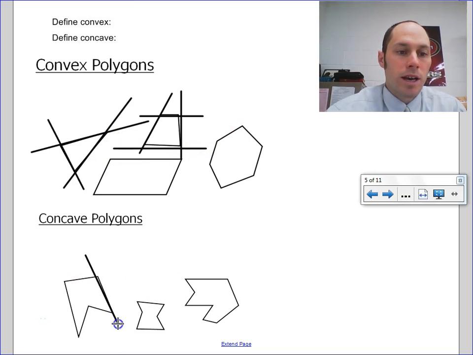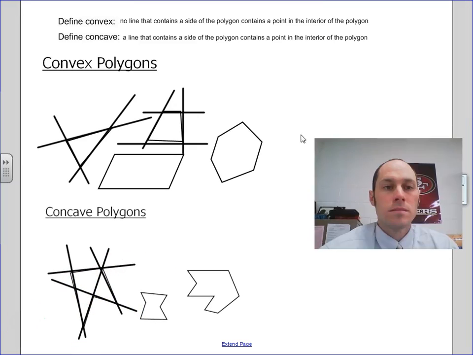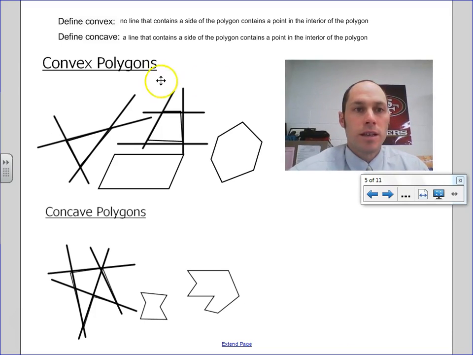But if I do that with a concave one, notice I hit the interior on these two examples. So convex we can define as a polygon where no line that contains a side of the polygon contains a point in the interior. But concave, we have a line that contains a side that does contain a point in the interior.